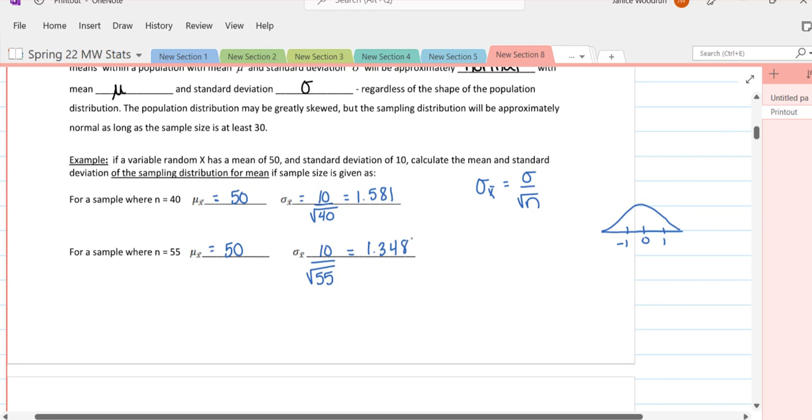Okay, so it's getting you closer to 1. Therefore, the larger the sample size, the more accurate your data is. So we say a greater sample size, greater accuracy.